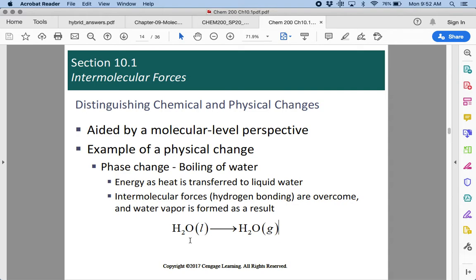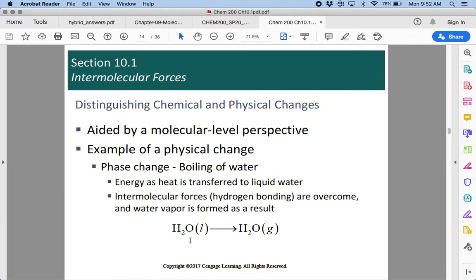When we go back to that first picture we had in this section of our notes, liquids have molecules that are much closer together, and so they have a lot of intermolecular forces interacting. In this case, hydrogen bonding, because it's water, would be the strongest of them. But it also has dipole-dipole, and it also has London dispersion forces.